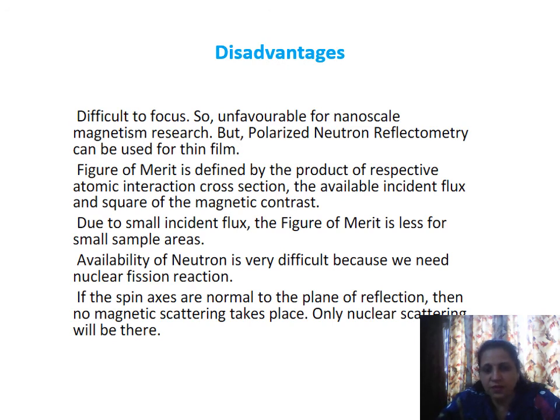And there are some disadvantages. Availability of neutrons is very difficult because we need a nuclear fission reaction, and if the spin axes are normal to the plane of reflection, then no magnetic scattering takes place, only nuclear scattering will be there.